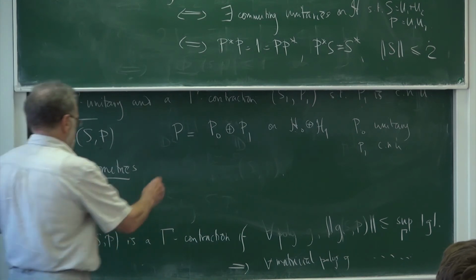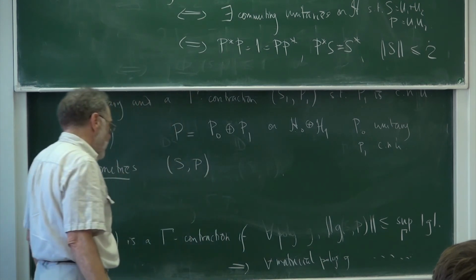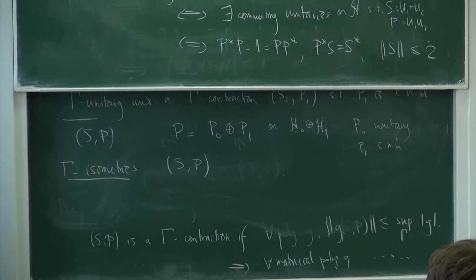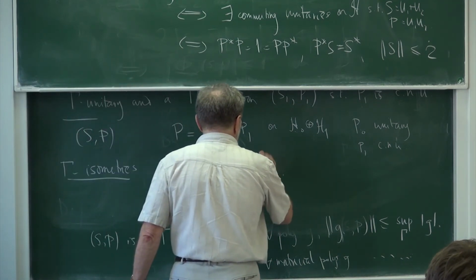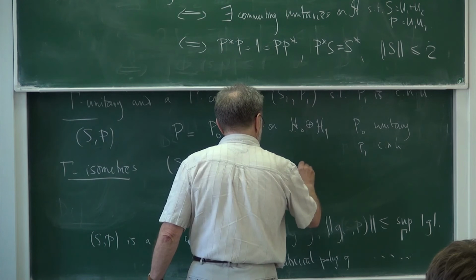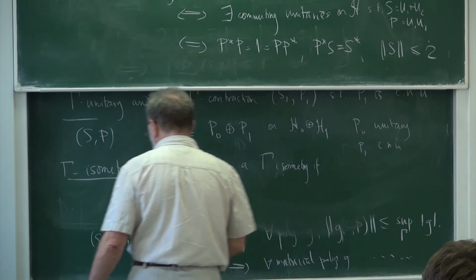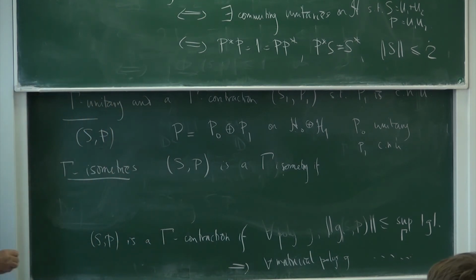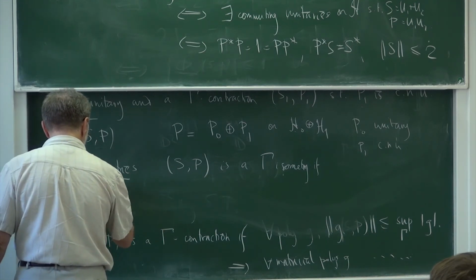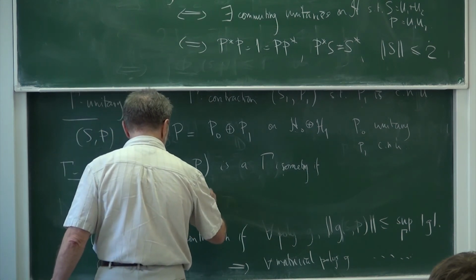So let's say S, P, as usual, is a commuting pair of operators on the Hilbert space. Let's say it's a gamma isometry if, well, one possibility is that S, P has a gamma unitary extension.